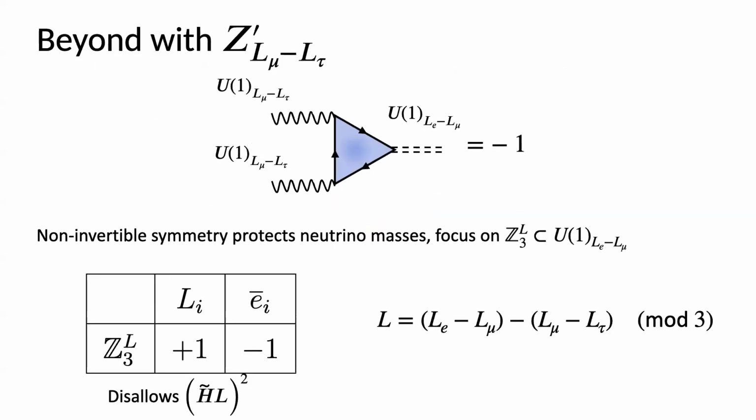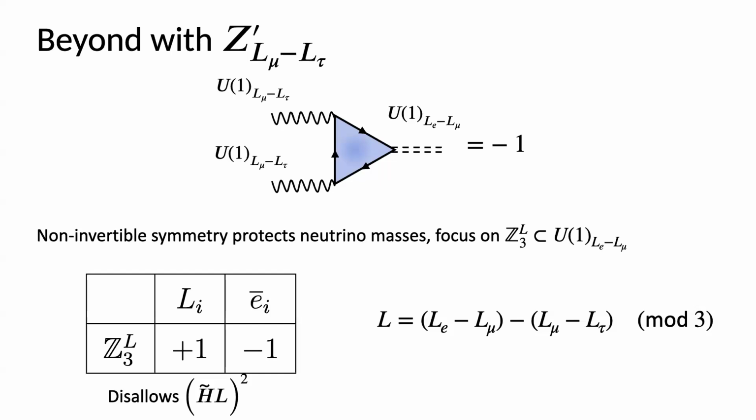Okay, and in particular, the important part to focus on is a Z3 subgroup of L_e minus L_mu, which is actually generation independent, just because of the reason that if you take L_e minus L_mu and subtract a gauge charge, and then you think mod 3, then -2 is equal to 1.